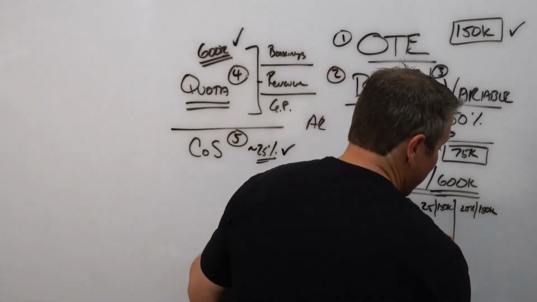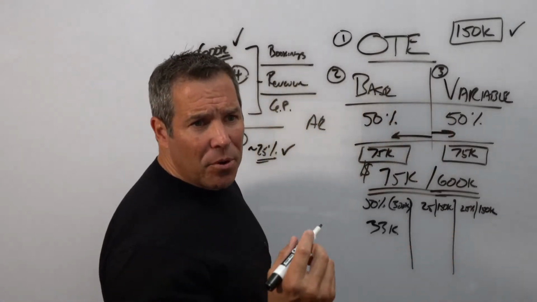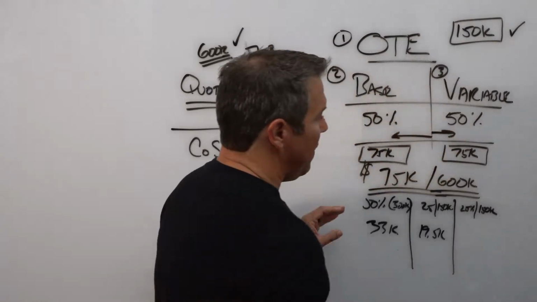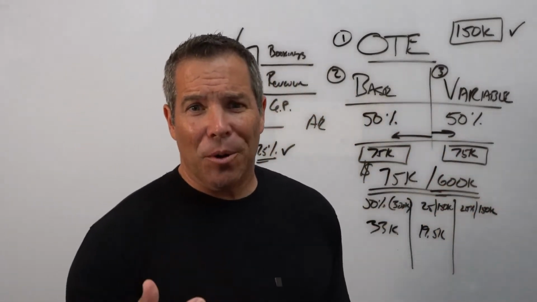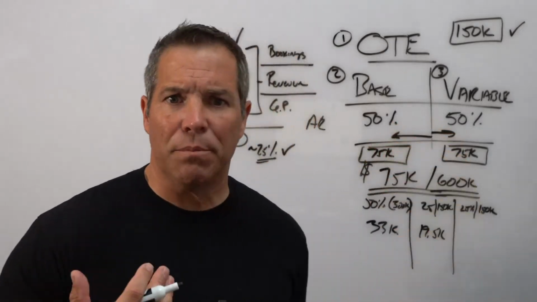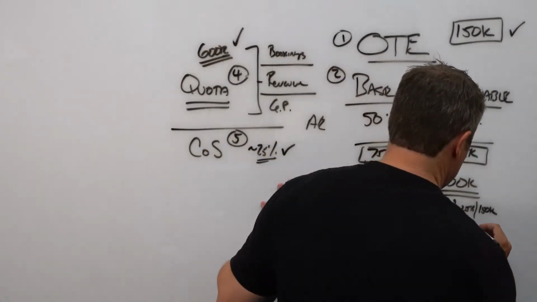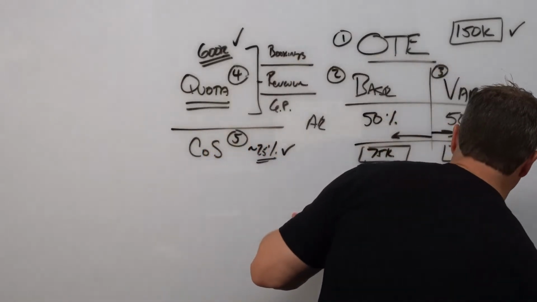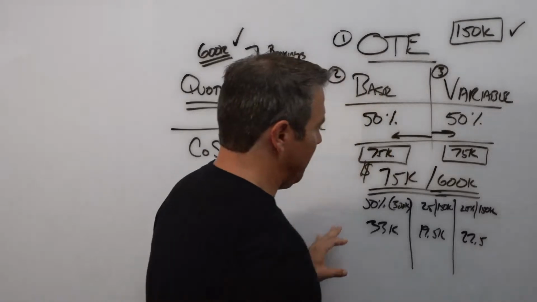So we're going to go there. The number that I came up with earlier was 19.5K. And then the third number, we're going to take that up to 15%. So at 15%, we're now paying out 22.5K on that last 150K that's generated.